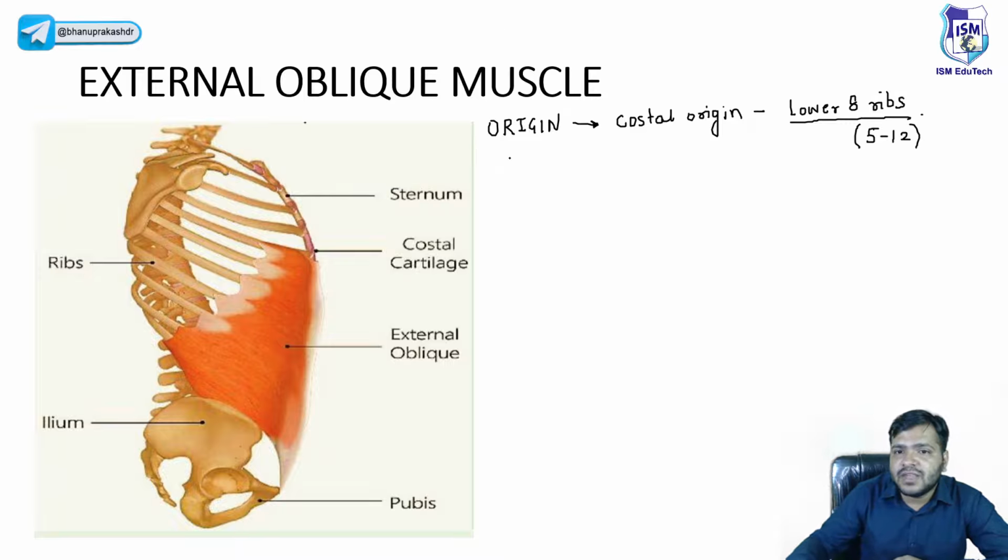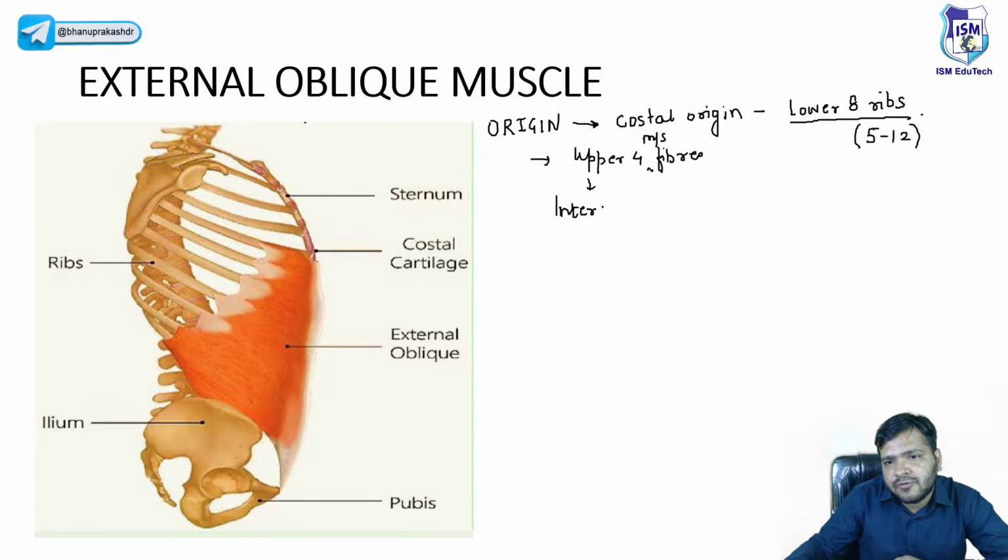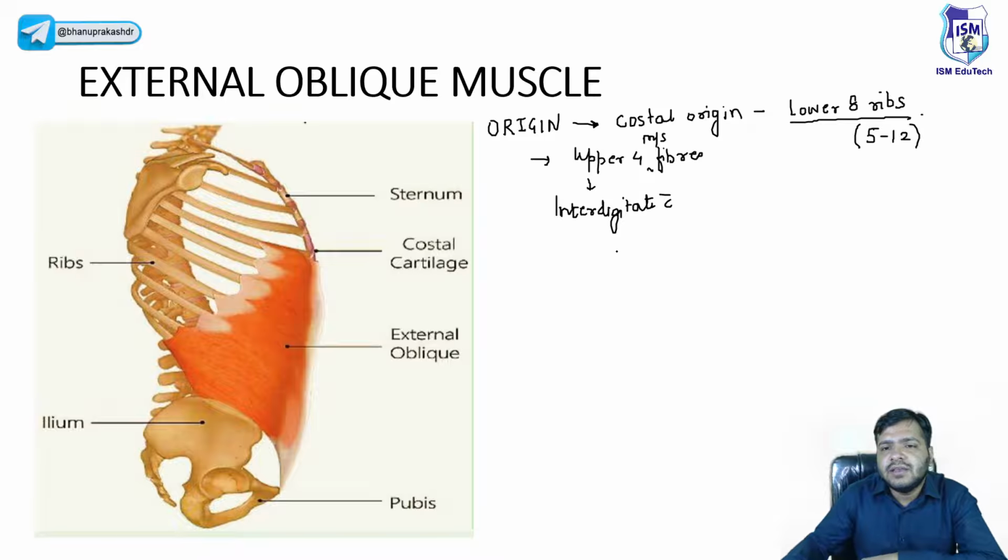So if you want to mention, guys, that upper 4 muscle fibers, you can say, they interdigitate with serratus anterior muscle.